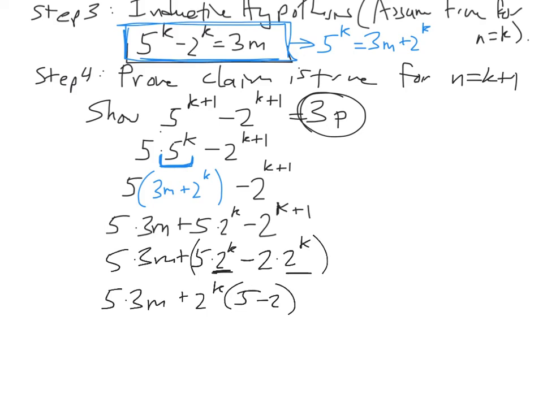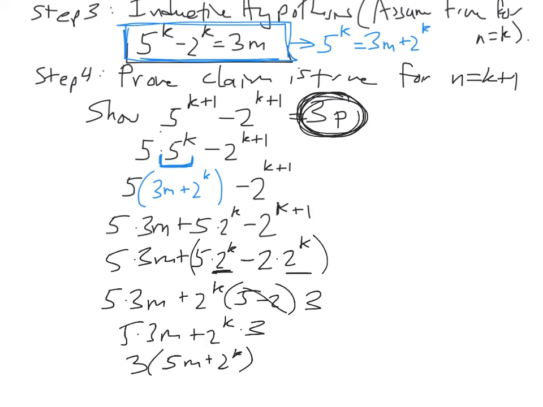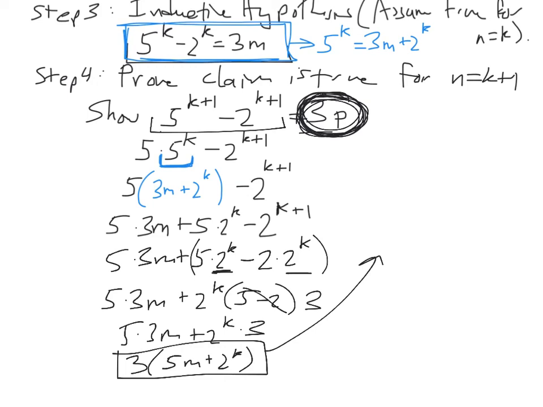Well, how convenient. That's 3, right? So now I have 5 times 3m plus 2 to the k times 3. I can now factor 3 out of that. And remember, that's what I was going for all along. What I was going for all along was that this expression could have a 3 factored out of it. And all the way down here, we figured out, sure enough, I can factor a 3 out of this.